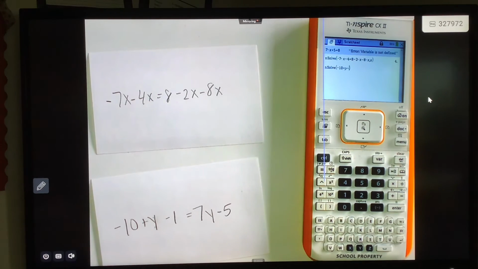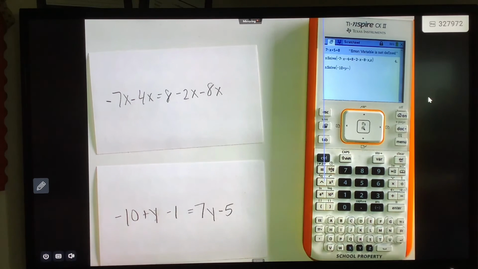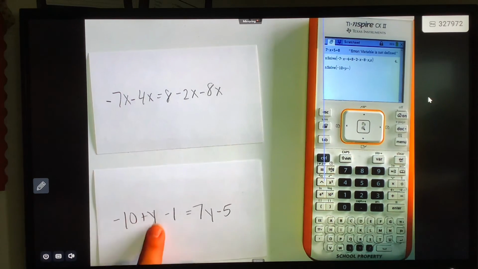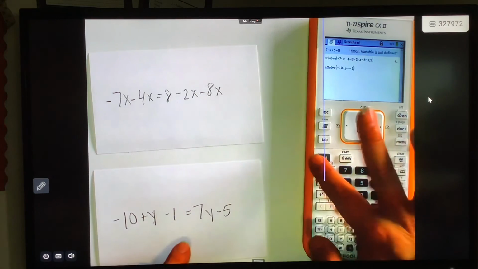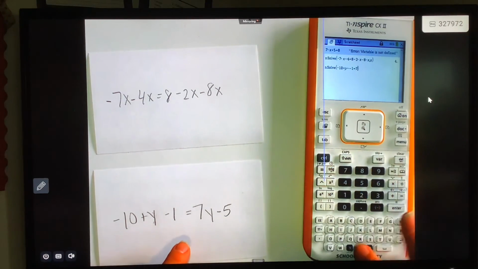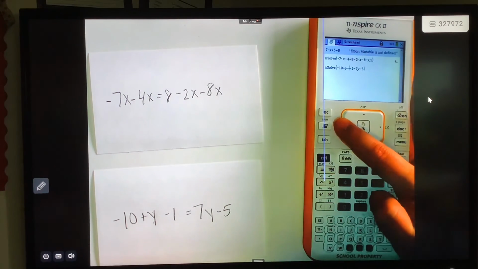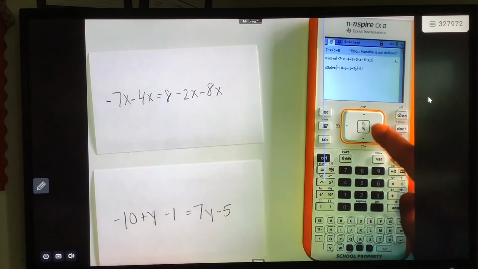The numbers are different, or the words are different depending on where the subtraction is. So we have negative 10 plus y minus 1 equals 7y minus 5. Oh, I added too many subtraction signs there on accident. Good thing I checked that.